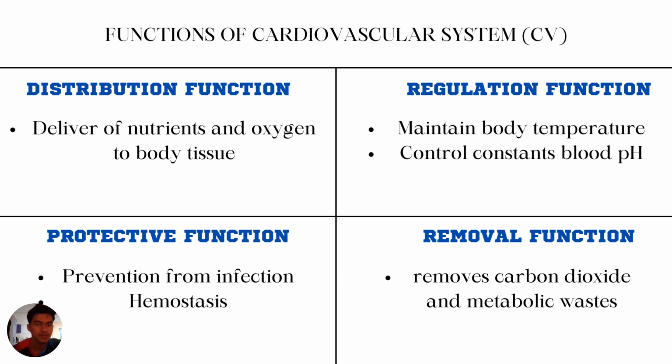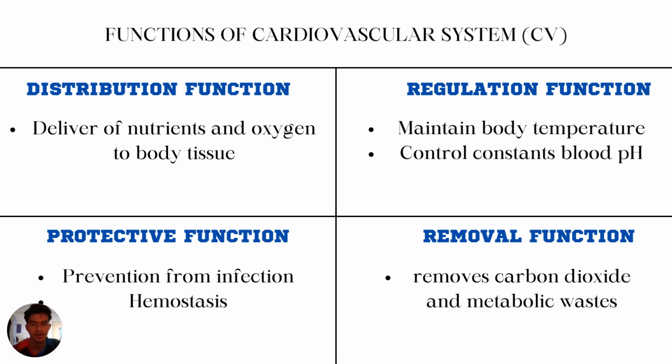So we move to the functions of the cardiovascular system. The cardiovascular system has four functions. The first one is distribution, the second one is regulation function, the third one is protective function, and lastly is removal function. For the first one, we have distribution function. Distribution function delivers nutrients and oxygen to body tissue.